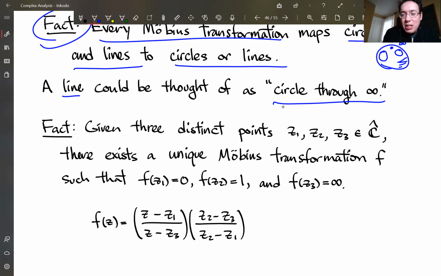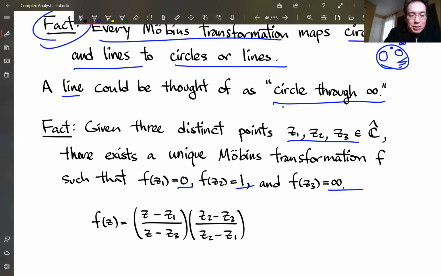What you could do is choose Z1, Z2, Z3, any complex numbers or infinity. Three points in the extended complex plane could map to 0, 1, and infinity respectively. So you can pick any three points and send those points to these three prescribed points.